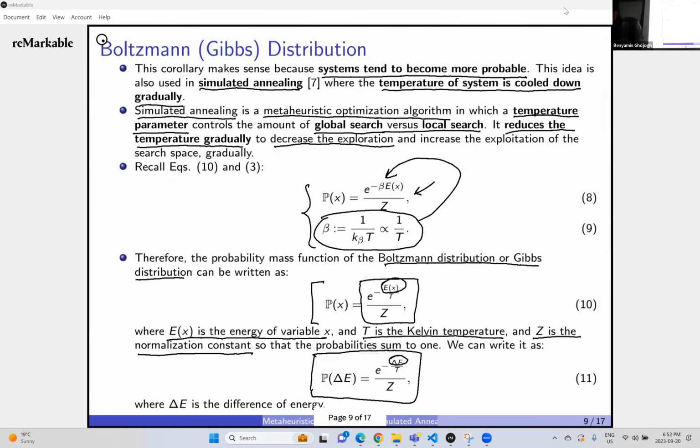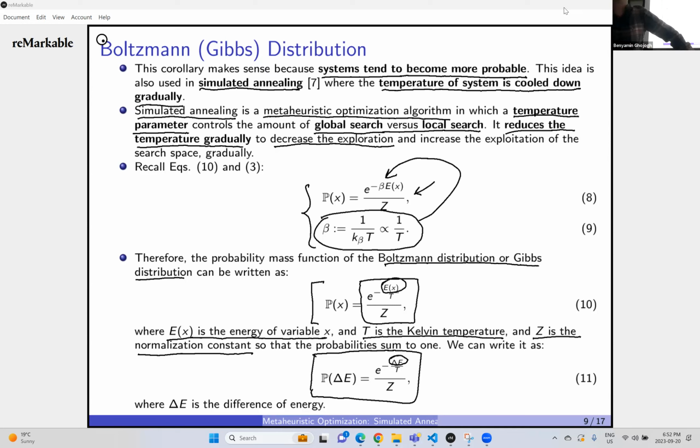And also, we said the systems tend to become more probable because the systems tend to lose energy.